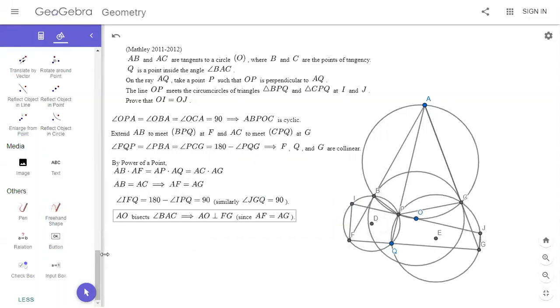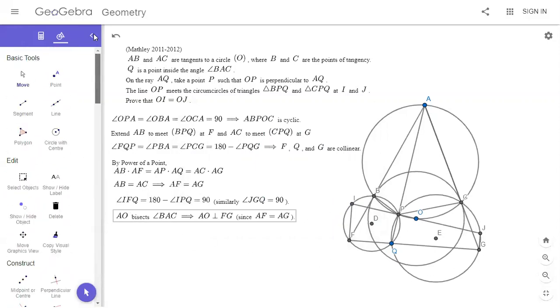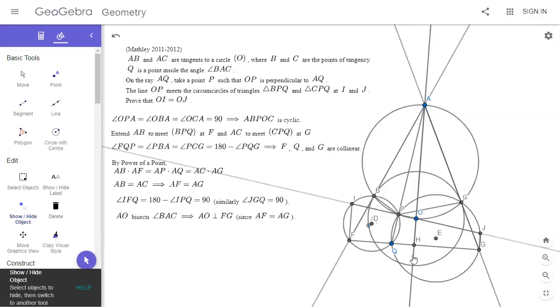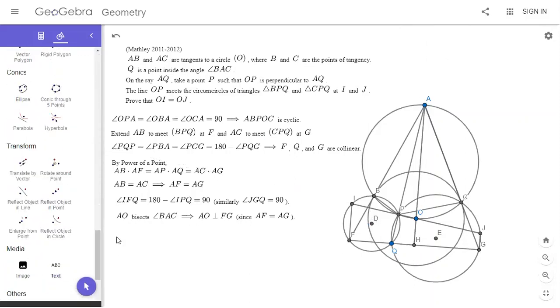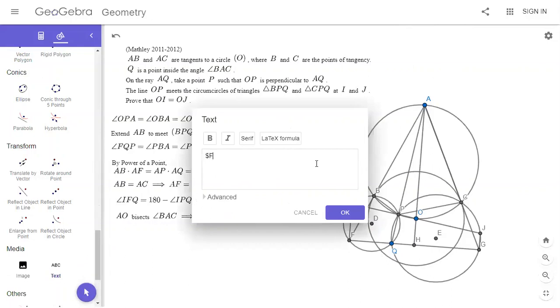Okay, so if we let AO meet FG at a point H, then FH equals HG, and all three are parallel, so we have IF is parallel to AH, which is parallel to JG.